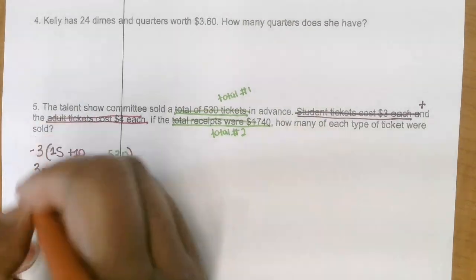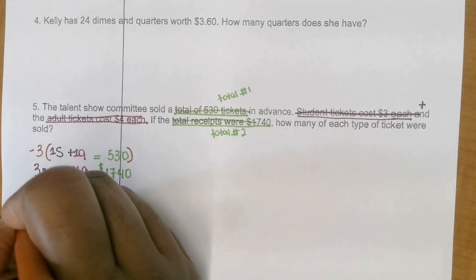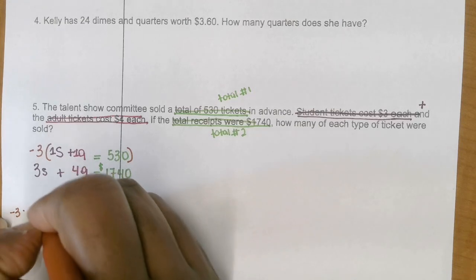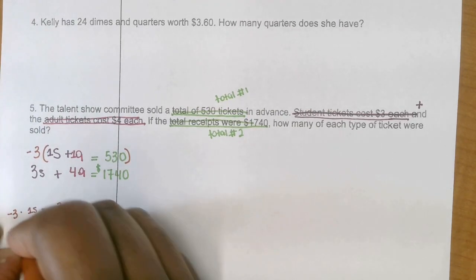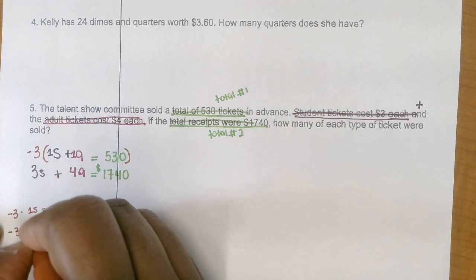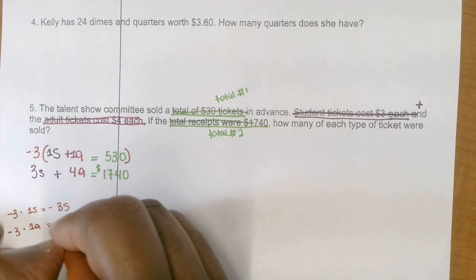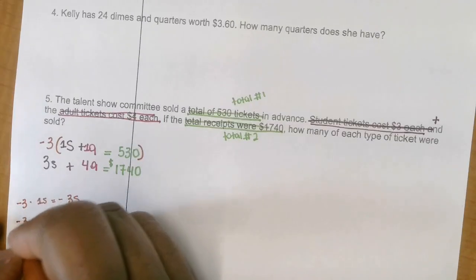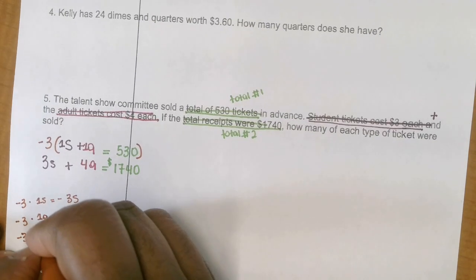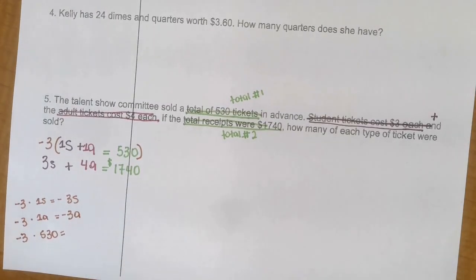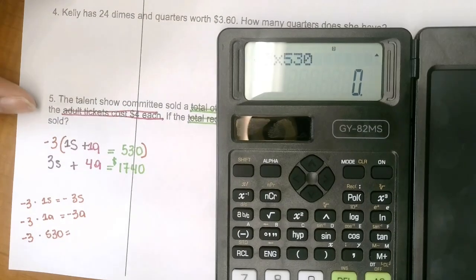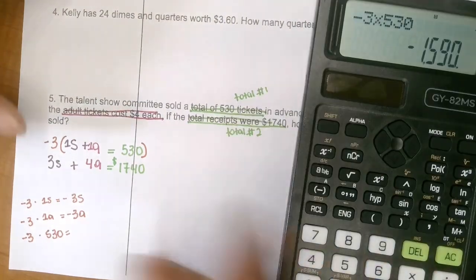Okay. So again, if you need to work it on the side, do that. Negative 3 times 1A is equal to negative 3A, and negative 3 times 530 is equal to... you either can do long math or, to save time, you can simply put it in your calculator and it will give you the answer.